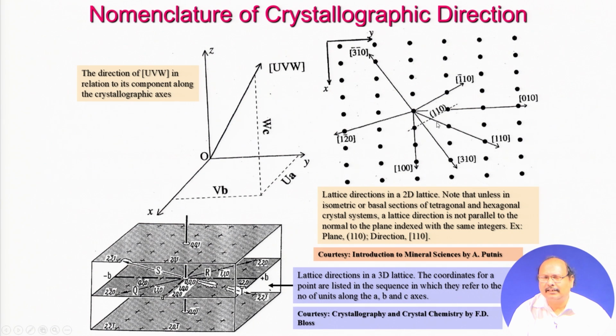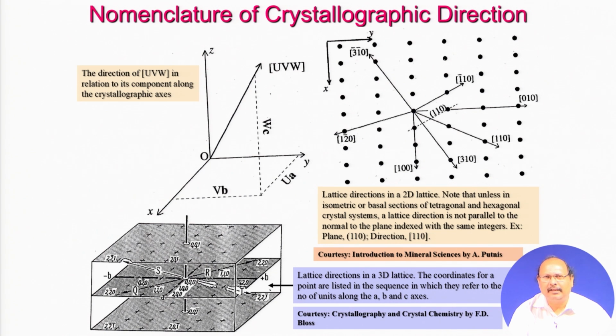One interesting development here is that a line with the same symbol as the face, 1 1 0 and 1 1 0, in this particular case is not perpendicular to this face.